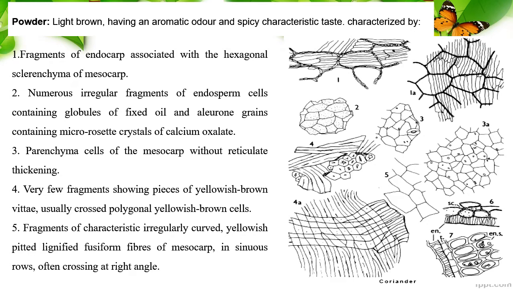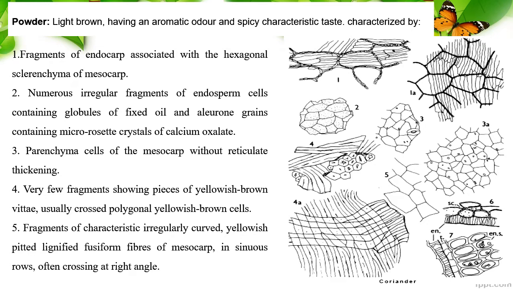It shows diagnostic fragments of the endocarp associated with hexagonal sclerenchyma of the mesocarp. Here the endocarp and hexagonal structure of mesocarp. Irregular fragments of the endosperm contain fixed oil globules, aleurone grains, and micro rosette crystals of calcium oxalate.